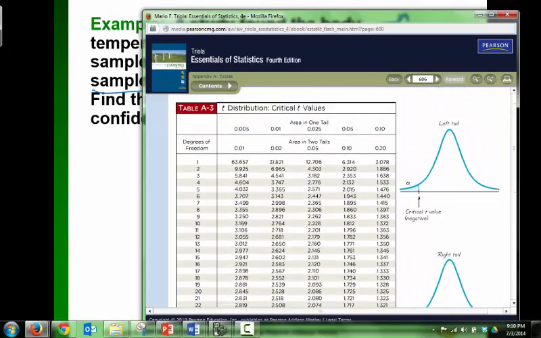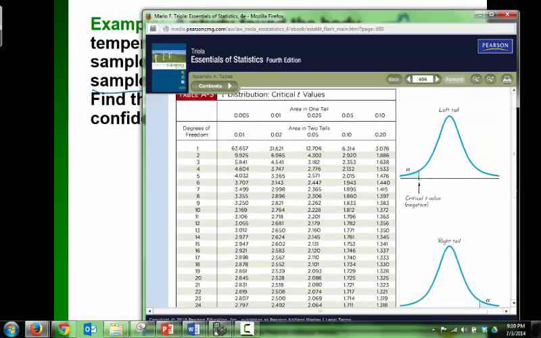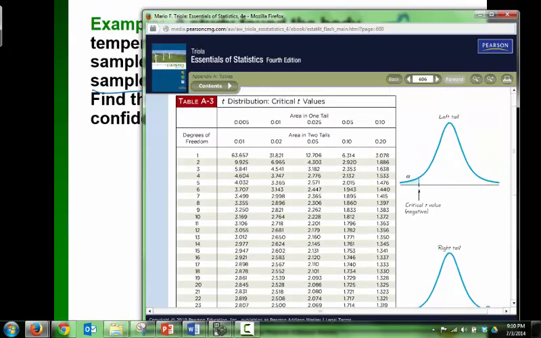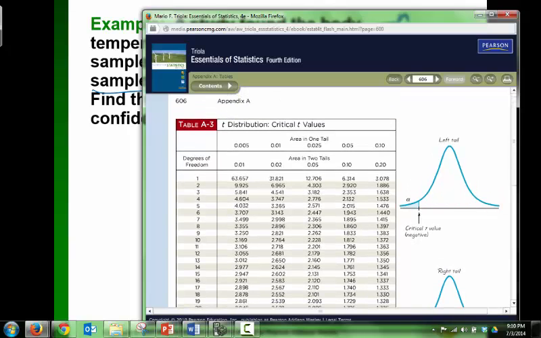The first thing I'd want you to look at is that whenever you're doing confidence intervals, we're always looking for the area in two tails. The other thing to look at is your degrees of freedom. So, area in two tails.